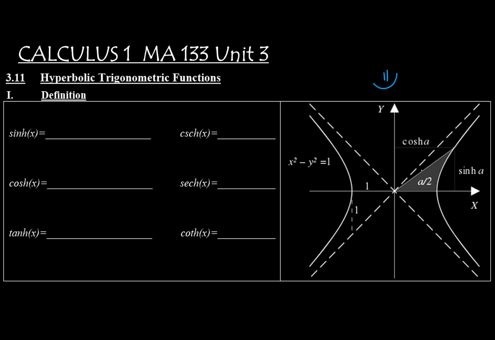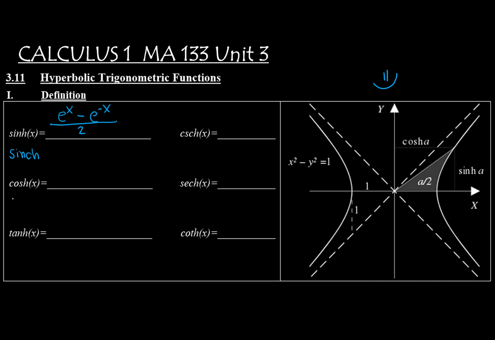If we want to find those, here are the formulas we are going to use. If we're trying to find the sinh of x, pronounced "sinch," we take e to the power of x, subtract from that e to the power of negative x, and then divide that by 2.